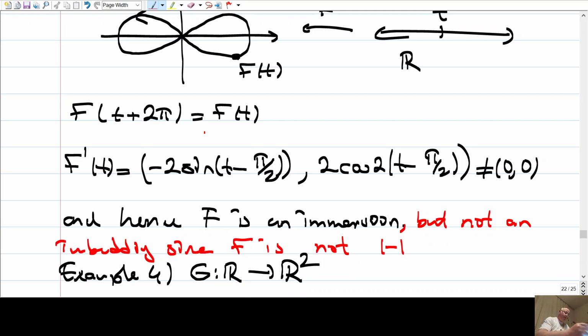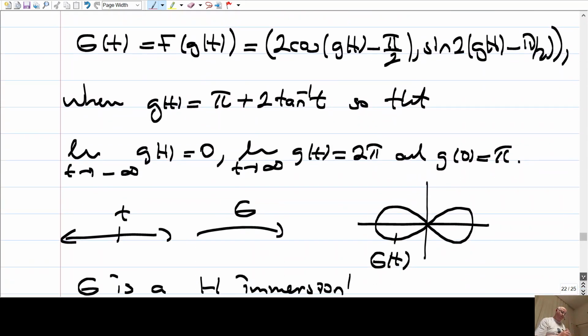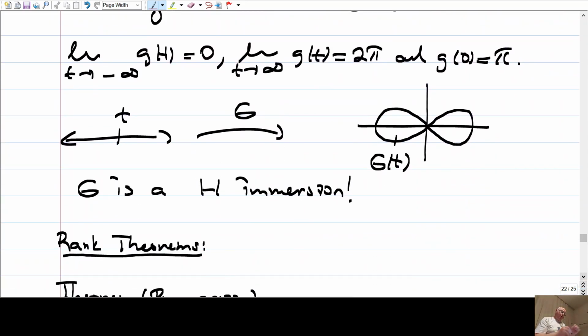Therefore, it cannot be an embedding. An embedding has to be a one-to-one immersion, which is a homeomorphism onto its image. This map is an immersion, and it is one-to-one.